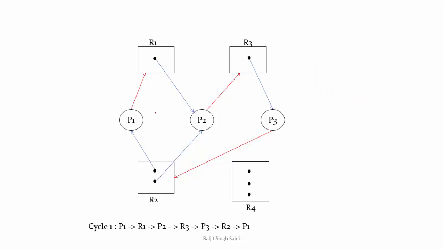Cycle 1 is P1 R1, P2 R3, P3 R2 and P1. So this is one of the cycles. There is one more cycle, P2 R3, P3 R2 and P2. So this is the second cycle. Since there is at least one cycle in the graph, this means that the system has entered into a deadlock state.